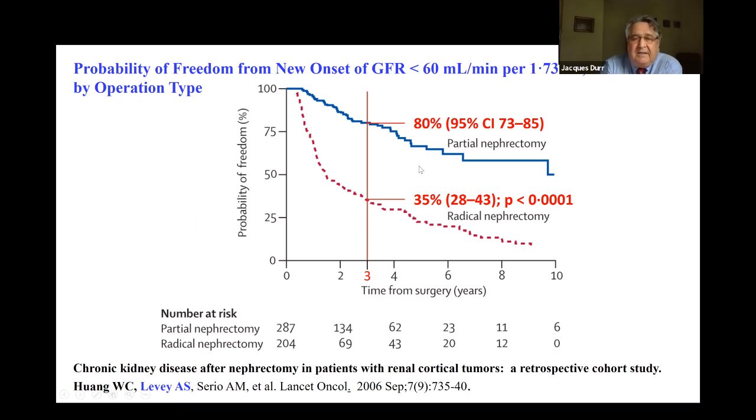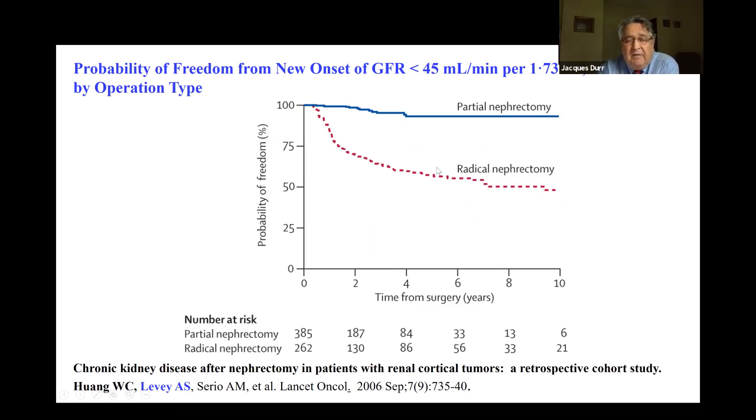And this difference is significant. If you look at more advanced renal failure, instead of 60, less than 45, again, you see, for example, at 3 years, those who had partial nephrectomy fared much better than those who had radical nephrectomy in terms of freedom from reaching renal failure after surgery.